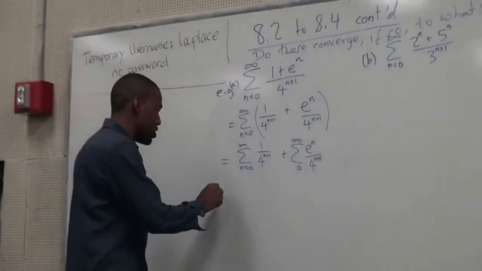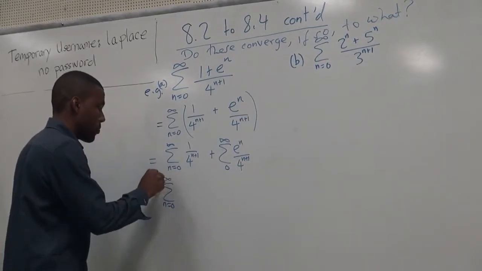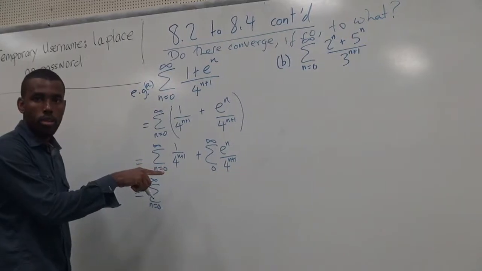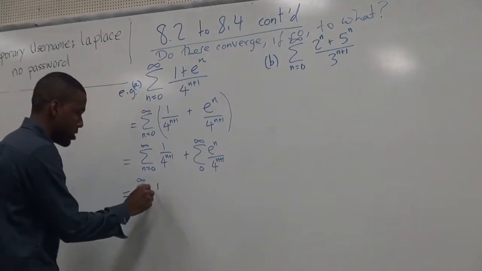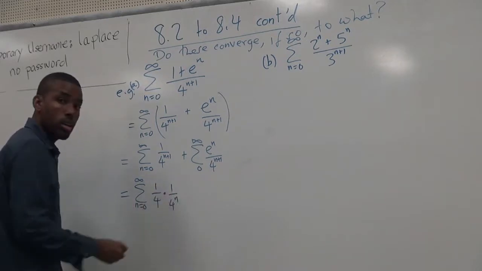We could actually rewrite this clearly. Because 4^(n+1), you can just write as 4 times 4^n, right? So this I can really write as a quarter times 1 over 4^n.